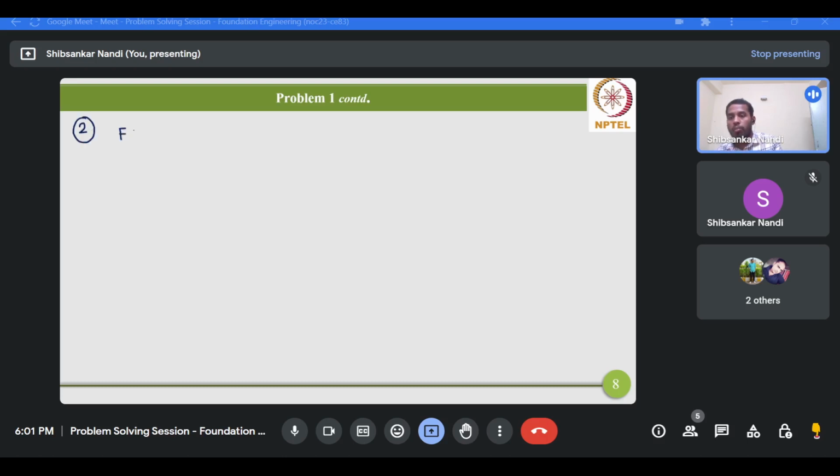So factor of safety against overturning, as you know, is the ratio of summation MR divided by summation MO. So this is 304.3 and this is 105.02.